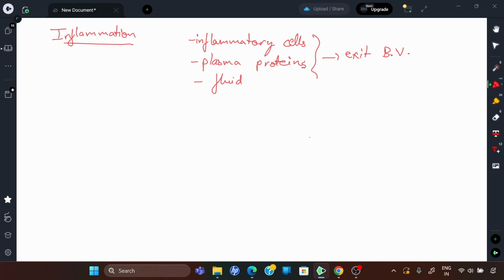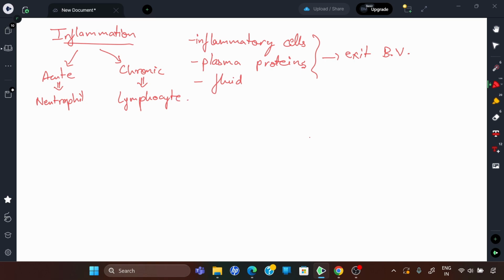Now, inflammation can be of two types. It can either be acute or it can be chronic, right? And the key inflammatory cell involved in acute inflammation is the neutrophil, whereas the key inflammatory cell involved in chronic inflammation is the lymphocyte, right?